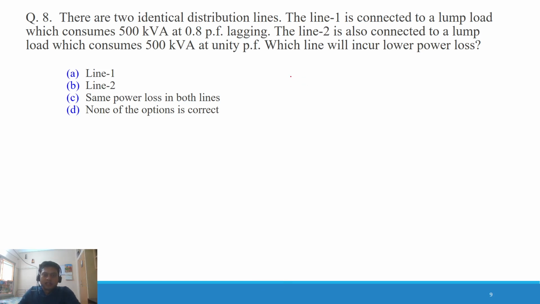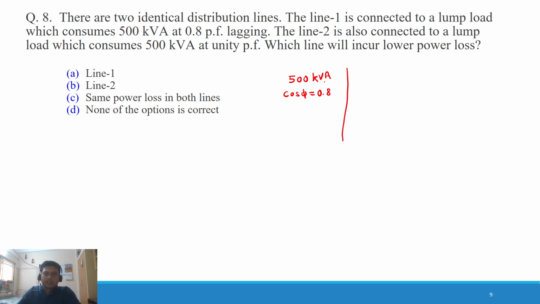Line 1 is connected to a lump load having apparent power of 500 kVA, and the power factor is given as 0.8 lagging in nature.